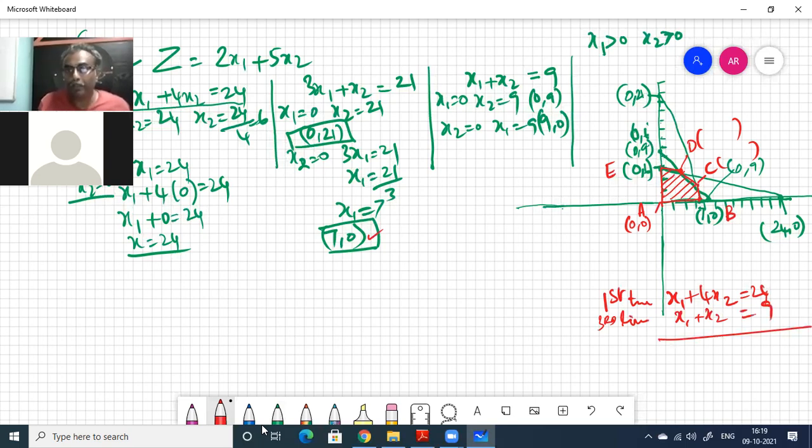So you solve by subtracting. When you subtract, x1 will go off. 3x2 is equal to 24 minus 9, which is 15. So x2 is equal to 15 by 3, which is equal to 5.